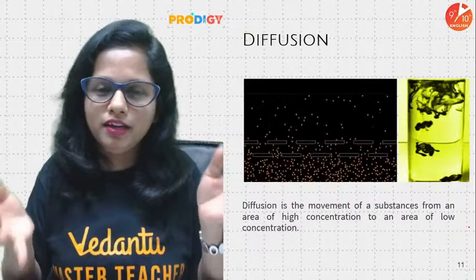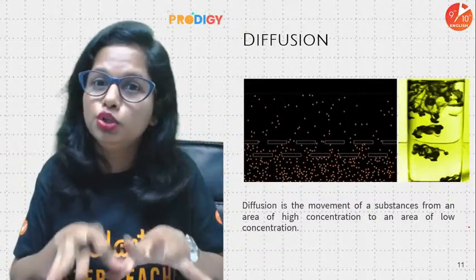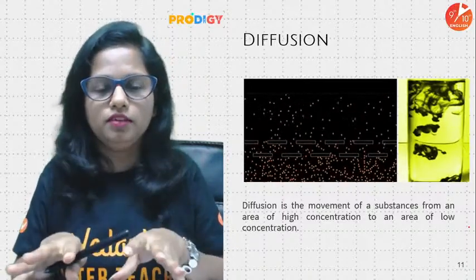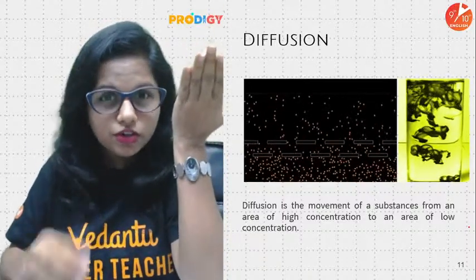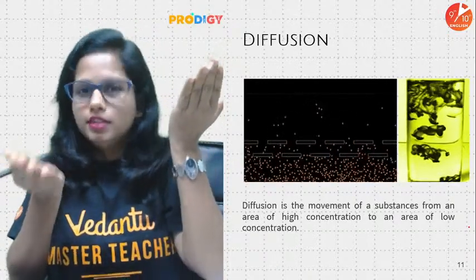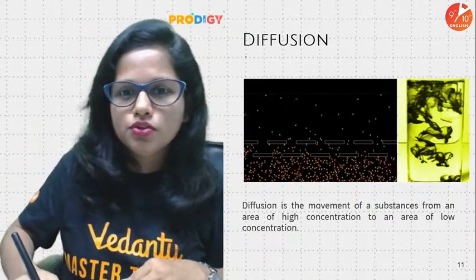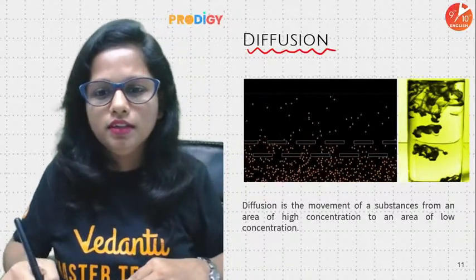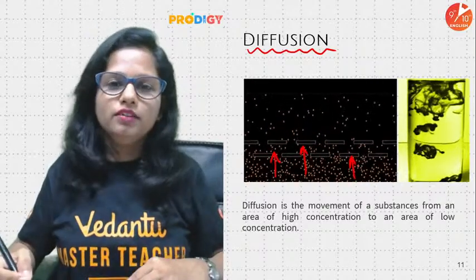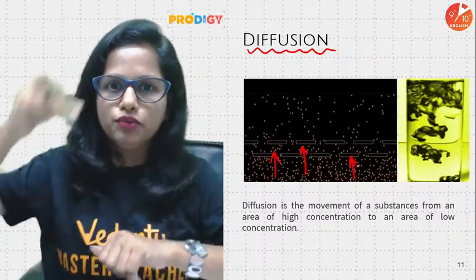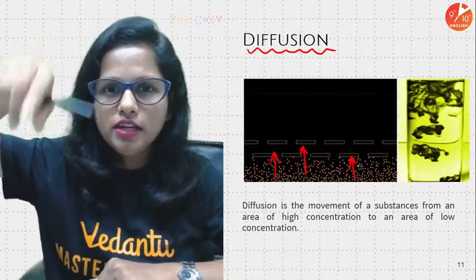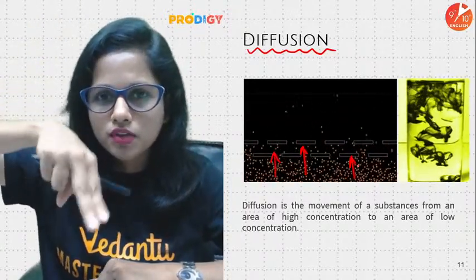So in the same manner, molecules, whether they are solid, liquid or gaseous, will be moving from a region of high concentration to a region of low concentration. And that process is known as diffusion. See how things are moving from high to low concentration in this image. Even if you take a glass full of water and put a drop of ink, it will slowly and gradually diffuse in water.